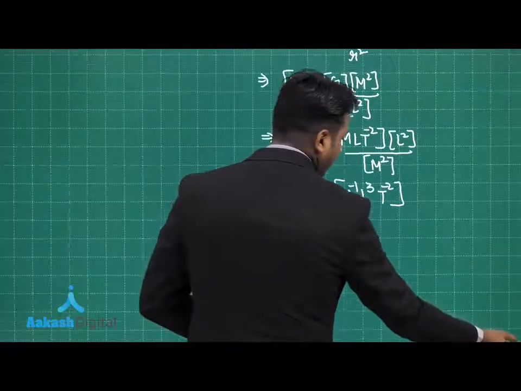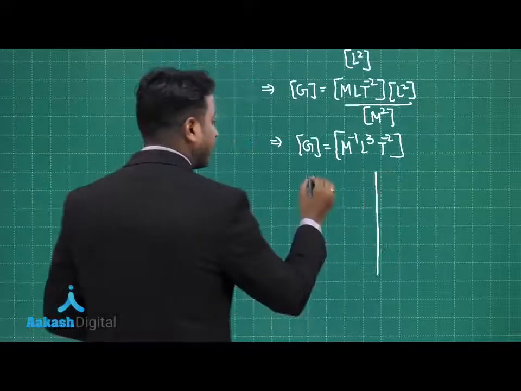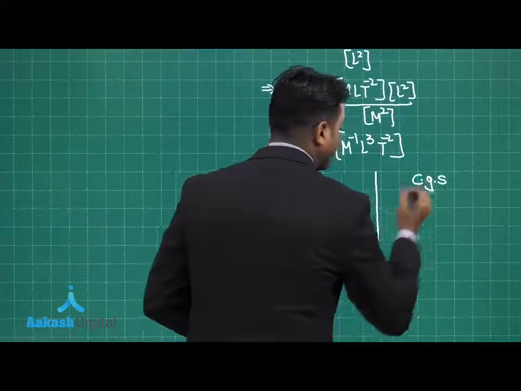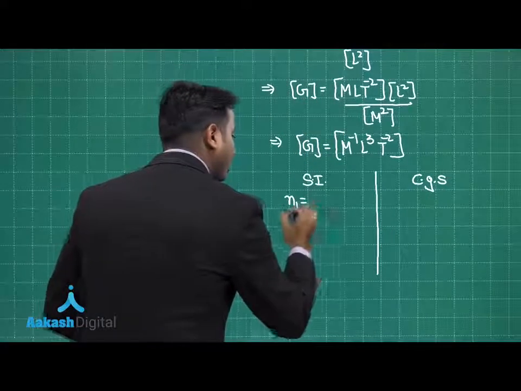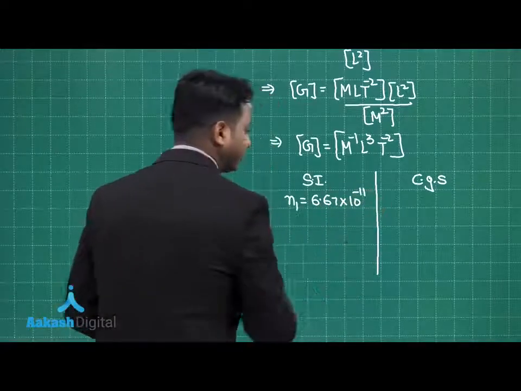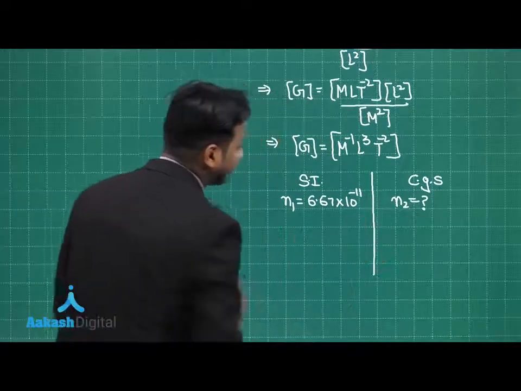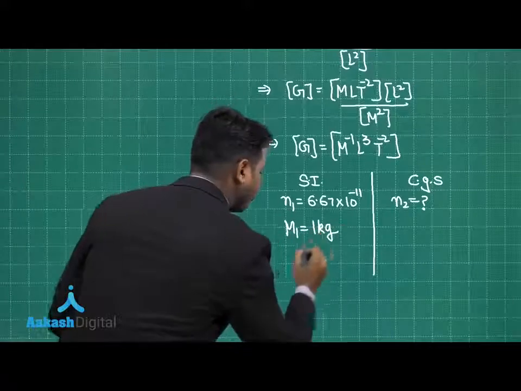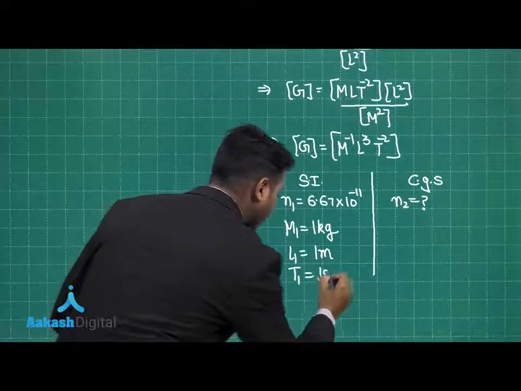Now the task is to see the different dimensions we have. On one side I have the SI system, on the other side I have the CGS system. In the SI system, the numerical value is given as 6.67 into 10 to the power minus 11. Here the numerical value I need to calculate. In the SI system we have m1 as 1 kilogram, L1 as 1 meter and T1 as 1 second.